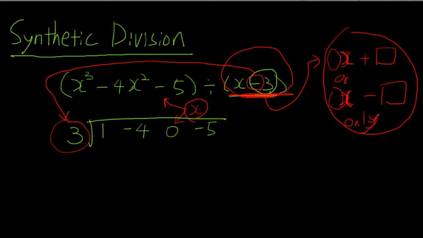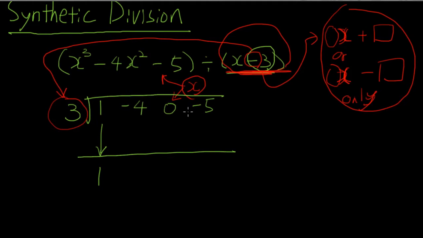So this is how we set it up. Once we set it up like that, we're going to draw another line right here. Leave some room because we're going to write some numbers here. This first number, we're just going to bring it down and write right there.